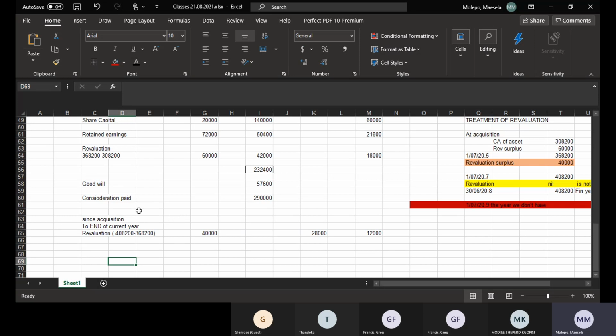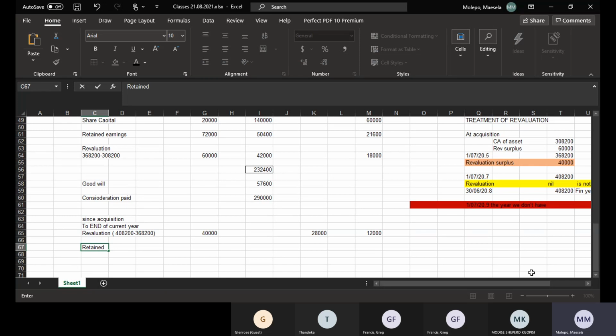So now, since acquisition to the end of the current year, it will be the revaluation which we have done. Now we must go to the retained earnings. And remember, the retained earnings at the end will have the profit and the realized profit.